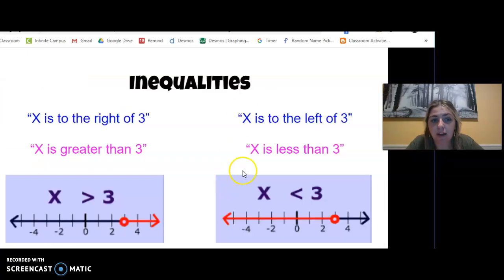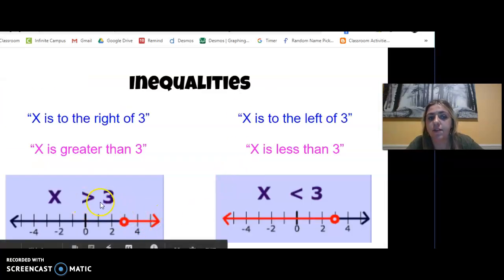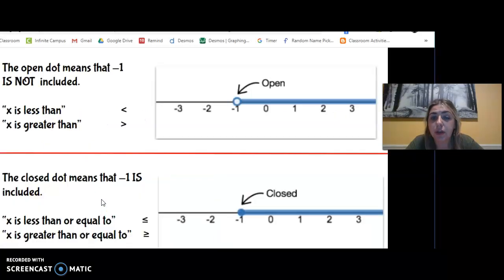Like if we go back, 4 is part of that solution set because it makes the inequality true. So when there's an open dot, that -1, or wherever that open dot is, that number is not part of the solution. And we use an open dot when we see X is less than or X is greater than. So when we use these symbols, we use an open dot.